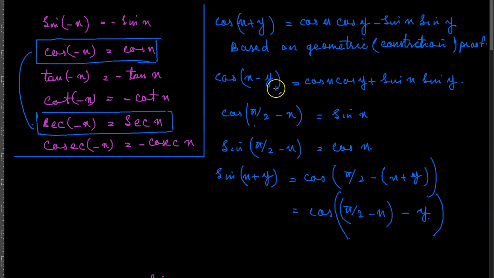So we said that cos of x minus y is equal to cos x cos y plus sin x sin y. So cos x would be here pi by 2 minus x, and cos y would be cos y. So we have cos of x minus y, cos x cos y, plus sin x sin y.